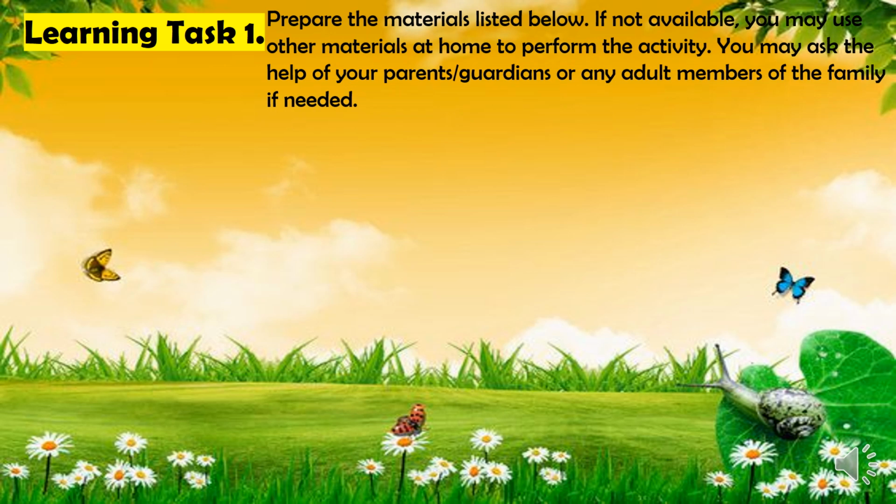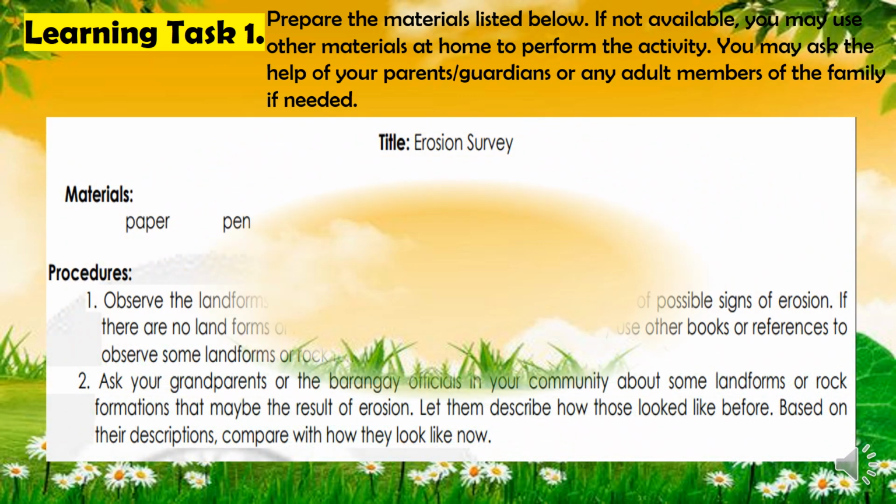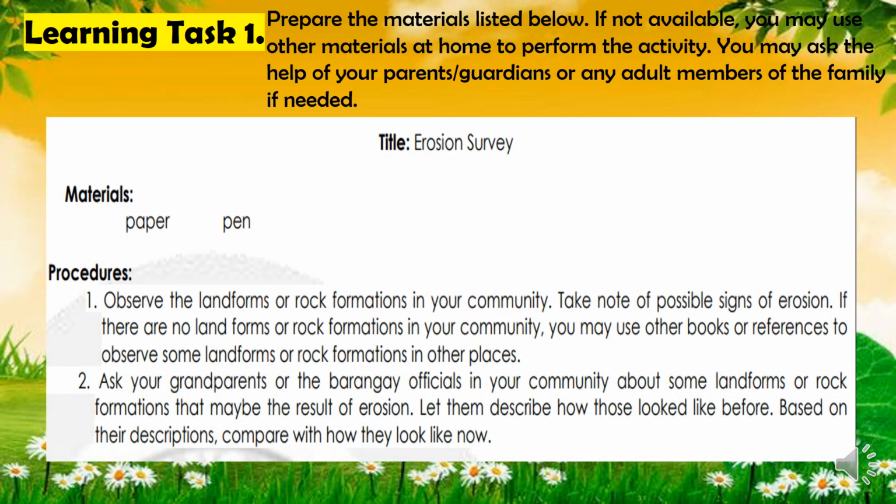For learning task 1, prepare the materials listed below. If not available, you may use other materials at home to perform the activity. You may ask the help of your parents or guardians or any adult members of the family if needed. The title of the activity is Erosion Survey. The materials needed are paper and pen.